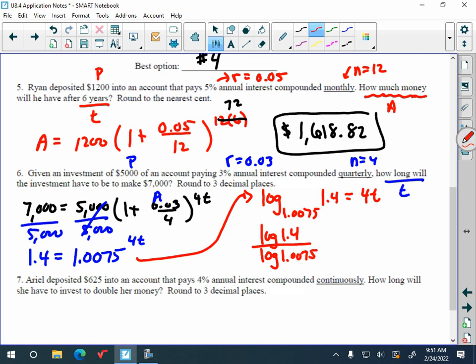All right, now this is equal to 4t, so then we're going to have to divide both sides by 4. So we're going to divide this whole thing by 4. In your calculators, most of you anyway, do log 1.4 divided by log 1.0075, put the equal sign, divide that answer by 4.